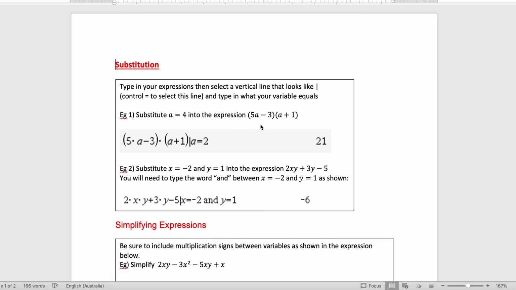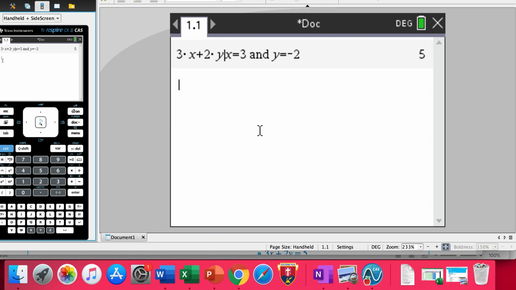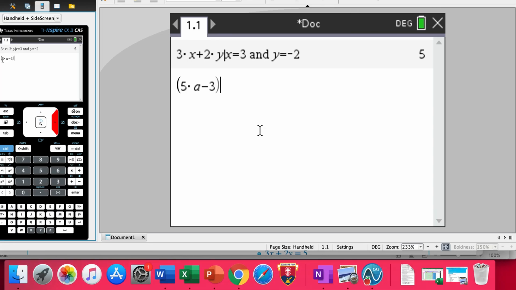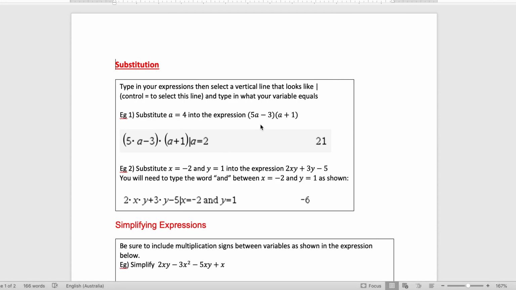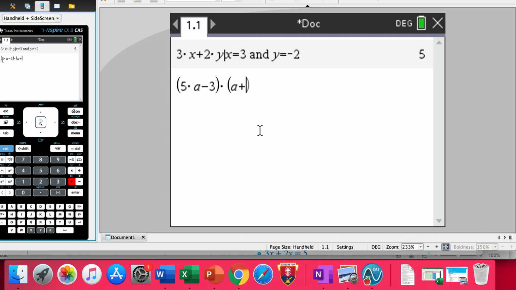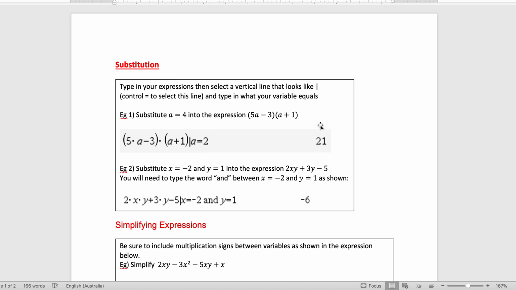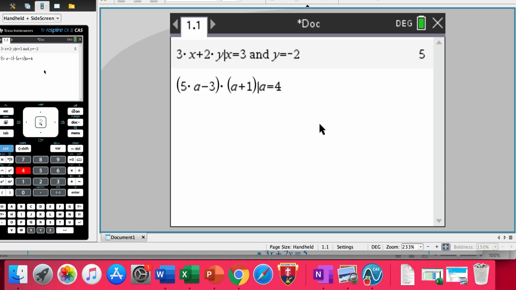So I'm going to go into CAS and say, okay, brackets 5 times a minus 3, and then times, notice that I'm also using the times there, brackets again, a plus 1, and then I go control equal given that a is going to be equal to 4, and I press enter.